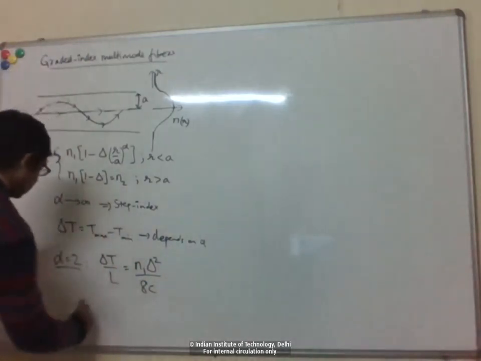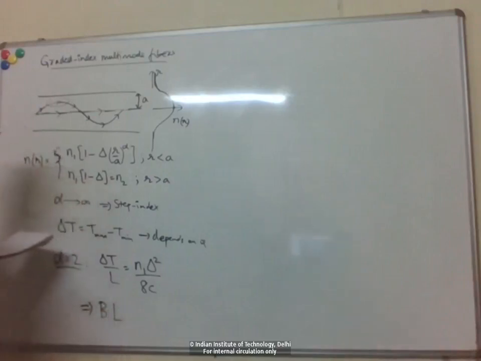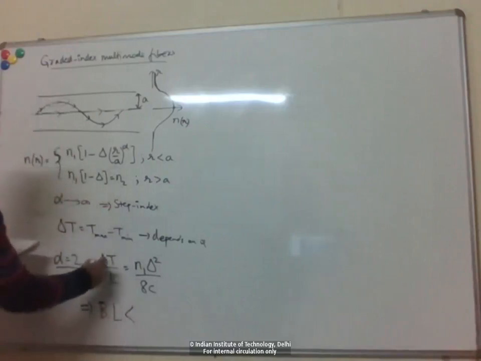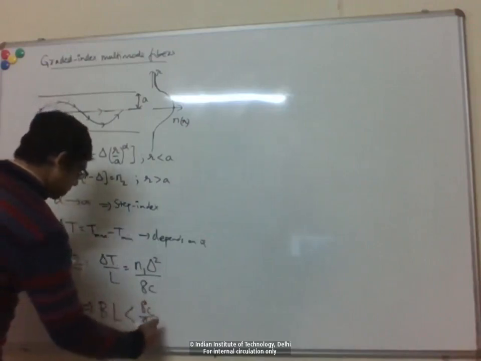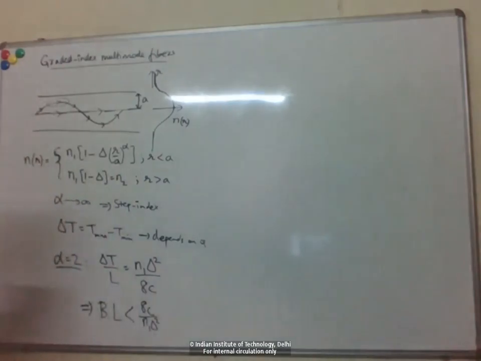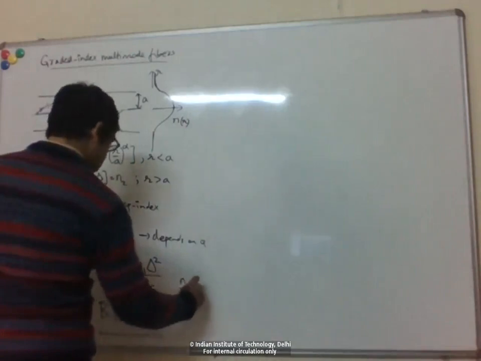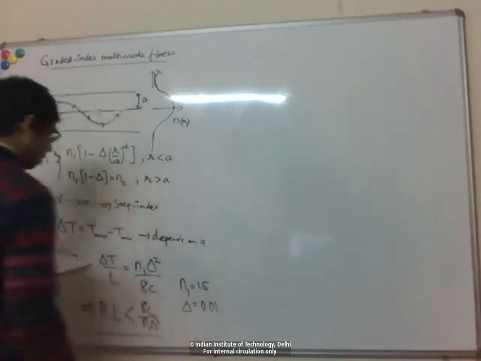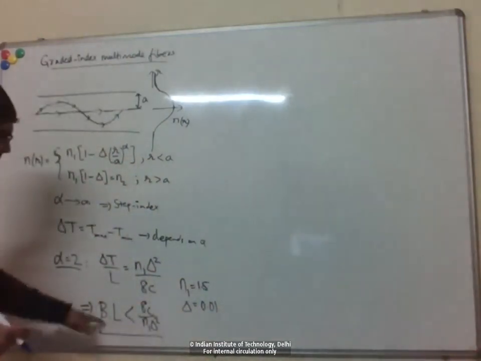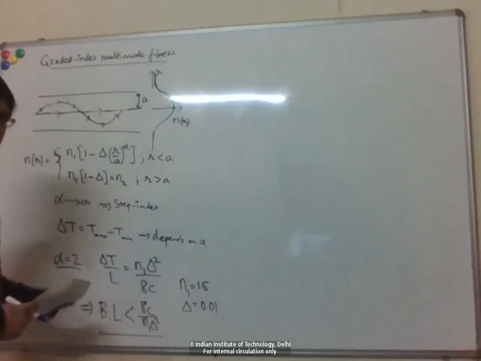So again, if we calculate the limitation on the bit rate times the transmission distance, bit rate is limited by 1 over delta t, so that's the inverse of this. If you put in similar numbers to what we took for the step index, for the step index this limit was about 20 megabit per second kilometer.